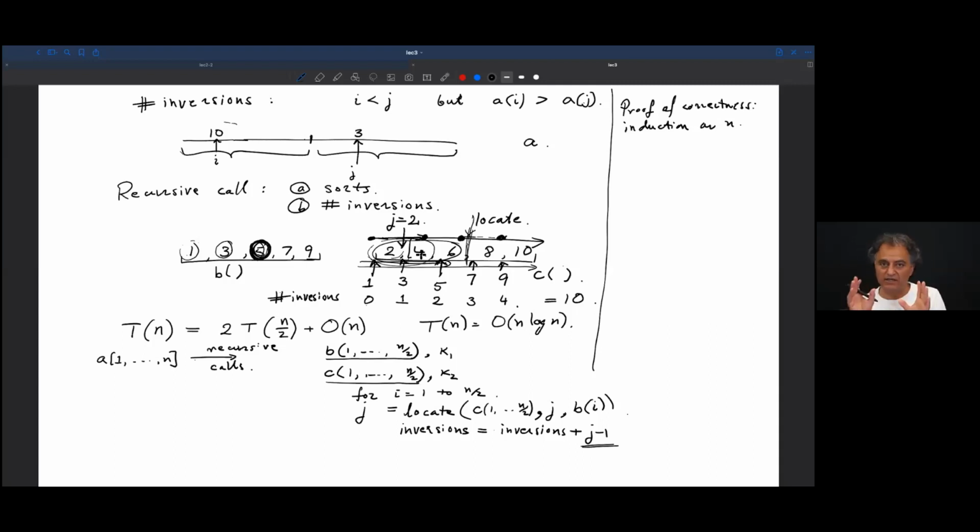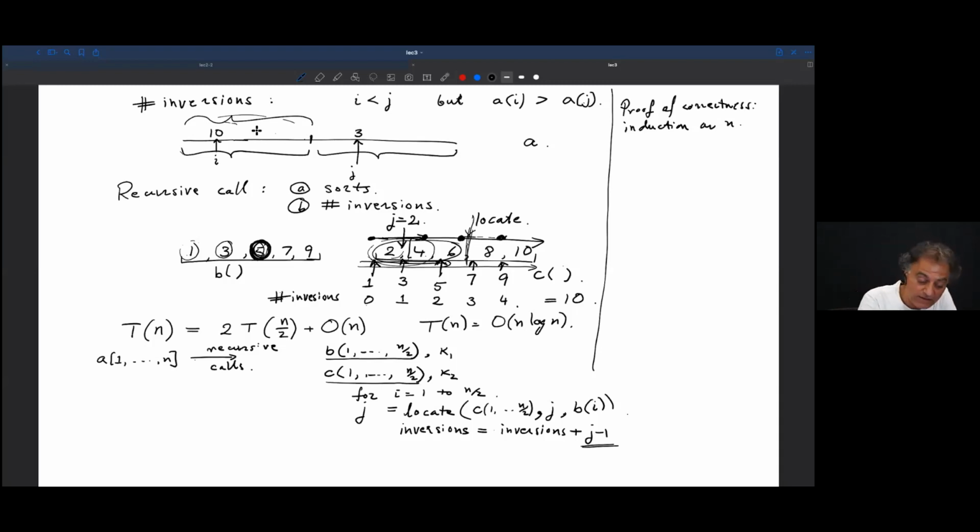Okay, so let me answer that. What we are saying is the total number of inversions is the number of inversions involving two elements on the left side, so that would be right here in this subarray, right? If I have a pair of elements that are inverted, either both elements are on the left side or both elements are on the right side. These will be caught in the recursive calls.